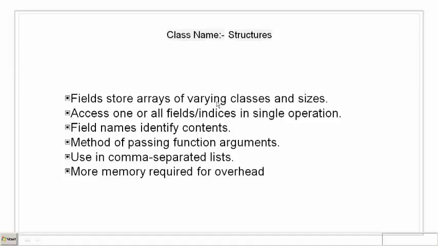We commonly use this to pass the arguments to a function in case a function has many input arguments. This makes our calling function look less cluttered. Also, if you remember comma separated lists, that is where we use the structure the most. Obviously, as it supports multiple classes and sizes, the memory it occupies is also more. So initially more memory is required for it.